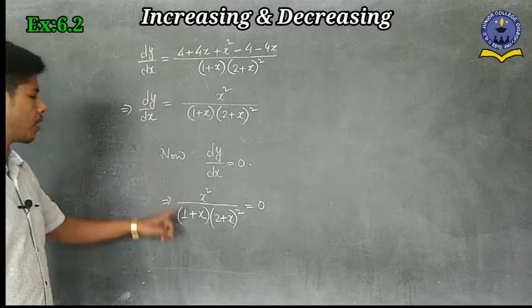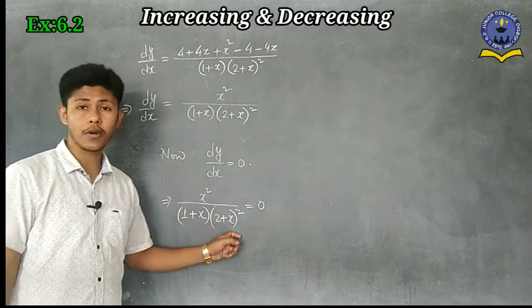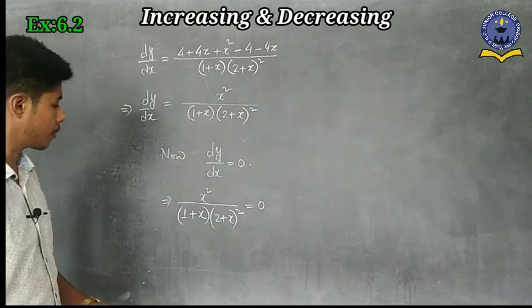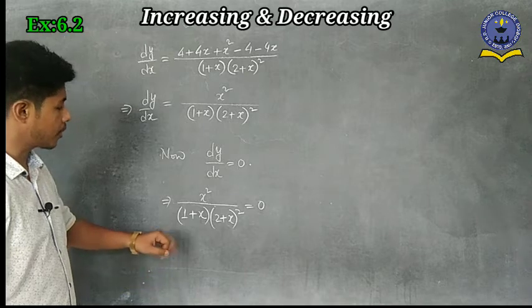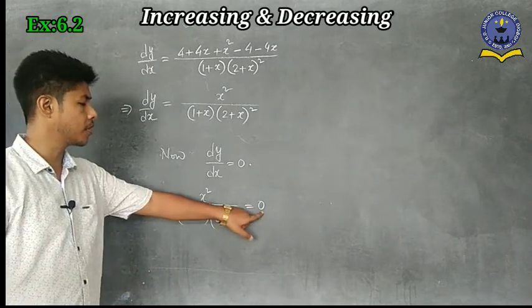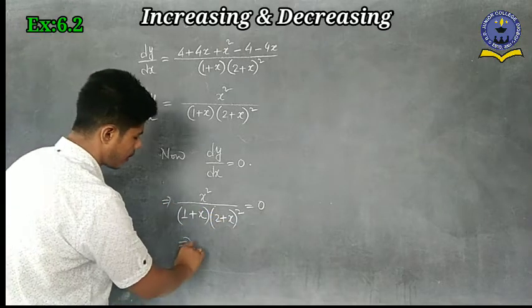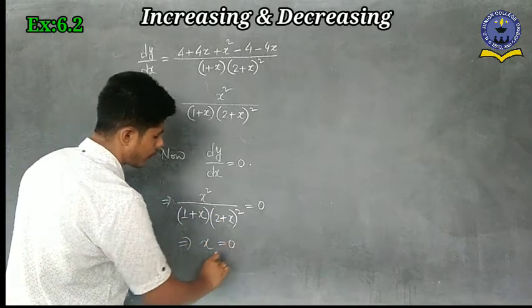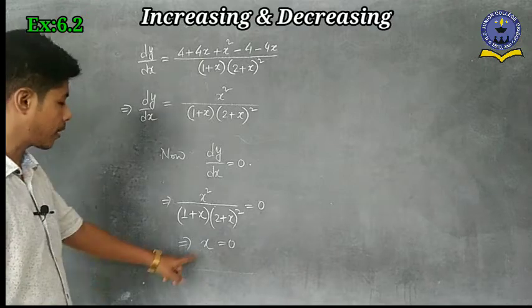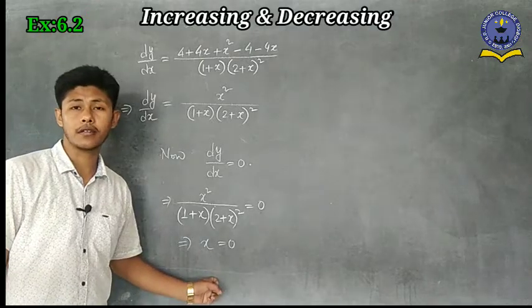Is it clear? So now in this case, this denominator easily we can cross multiply with 0, then ultimately we get the value of x equals to 0. Is it clear? So the value of x is here 0.